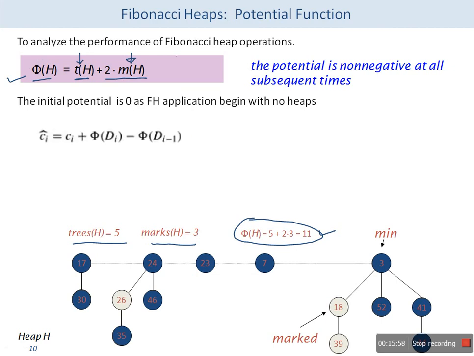Generally, we calculate the change in potential at every step. If I have a data structure at step i minus 1 and it changes some of its structure at step i, then the difference in potential will be added to the actual cost in order to calculate the amortized cost. For example, I have a binary heap like this with some information. Suppose it is a min heap, then the information is like this.